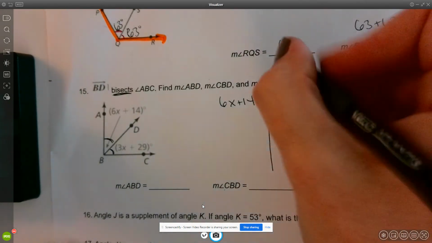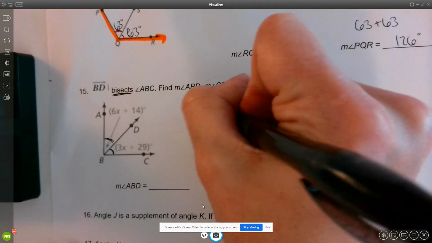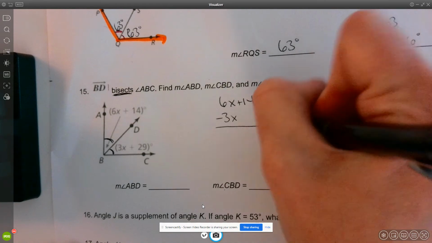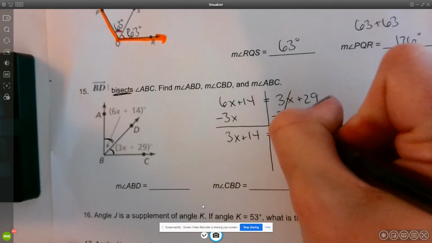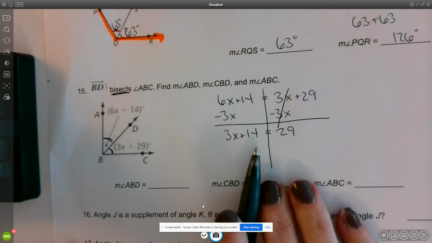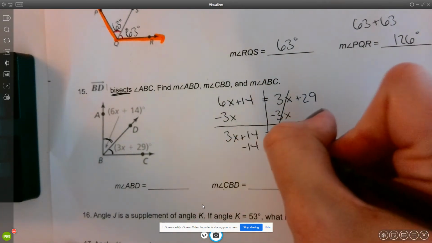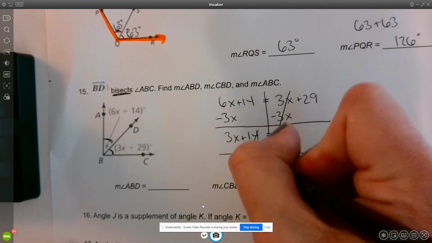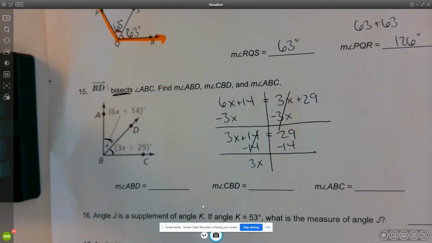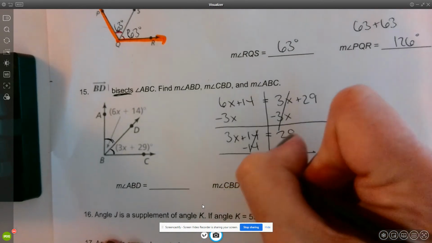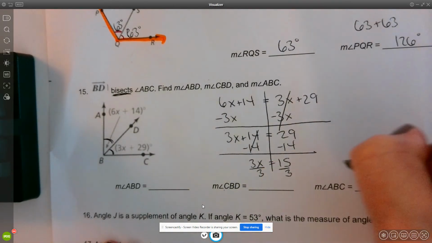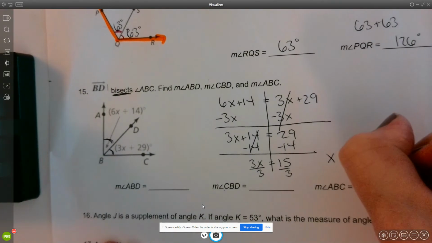I'm going to get all my x's on one side, so I'm going to subtract 3x here. Subtract 14 from both sides. Divide both sides by 3, and I find that x is equal to 5.